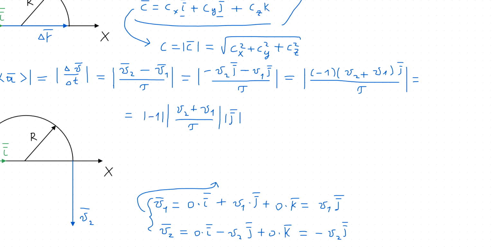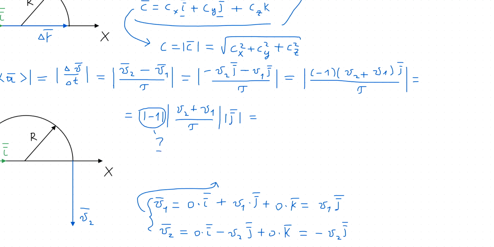Okay, and what can we say about this? How to simplify this relation? So what about this multiplier?